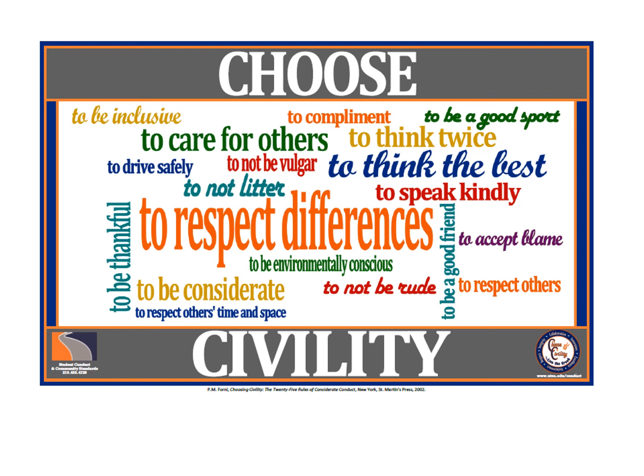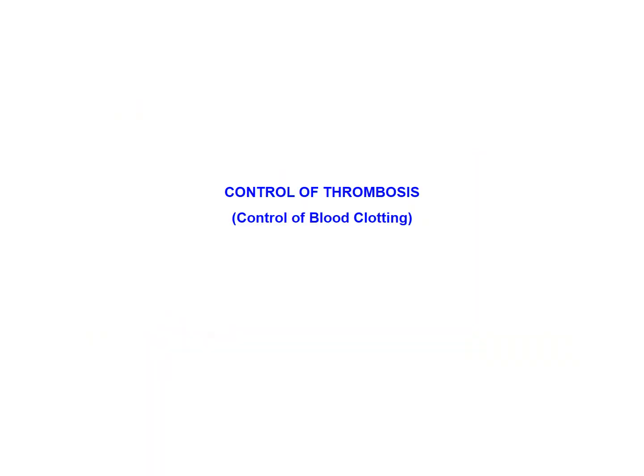Nature has checks and balances in many aspects of its processes, and you've reviewed some of those in your physiology course. But in the case of blood coagulation, there are some very important checks and balances which we'll review now. In normal physiology, formation of blood clots or the process of thrombosis is controlled through some very important processes which we'll review now.